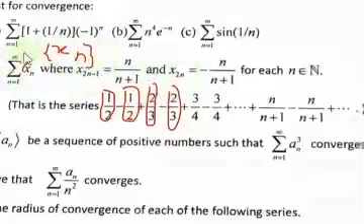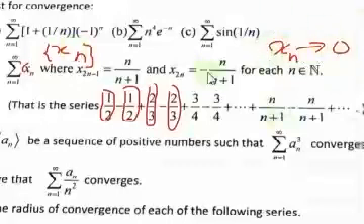If this series is convergent, we know that the limit of x_n is equal to 0, right? This one is true. That means the limit of all subsequences should be equal to 0, not other numbers, right?